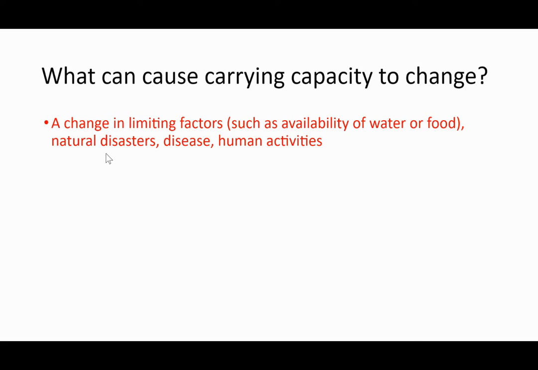It would definitely lower carrying capacity. But we could also cause carrying capacity to change by there being an excessive amount of water or food. Other things that could cause carrying capacity to change are natural disasters, disease, and human activity. We'll talk later on about deforestation, habitat destruction, things caused by human activities.